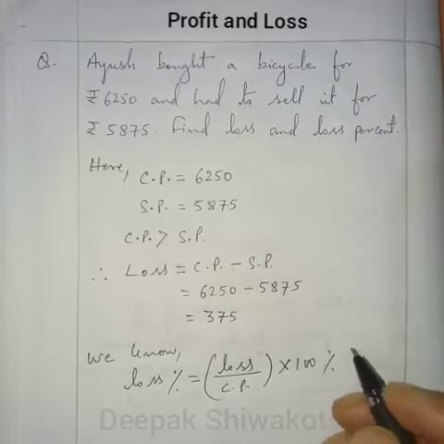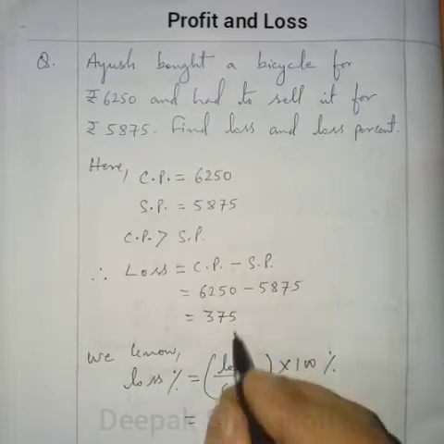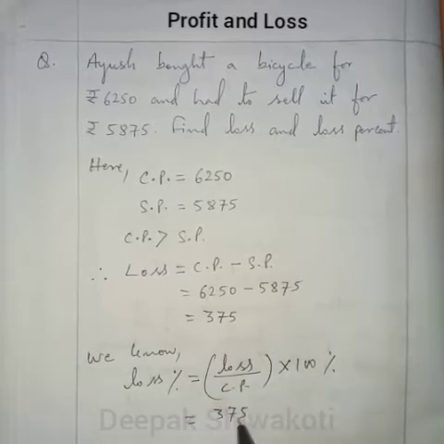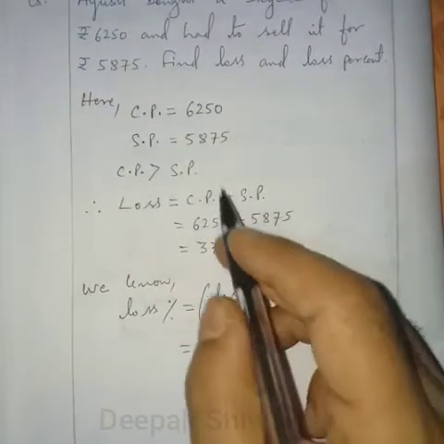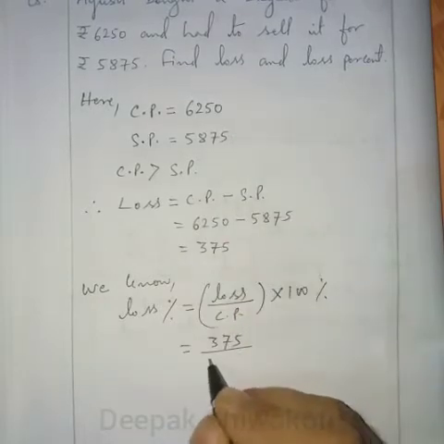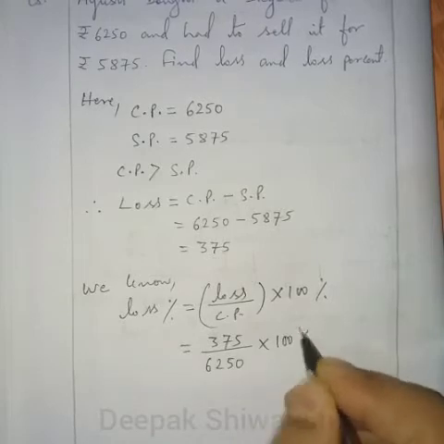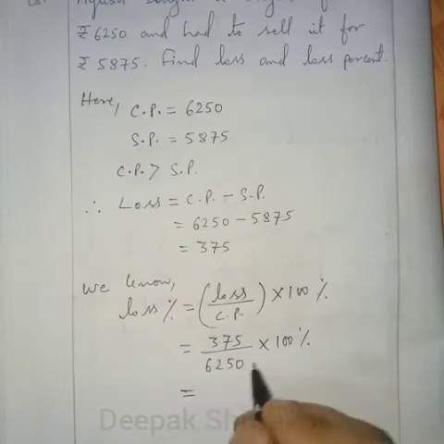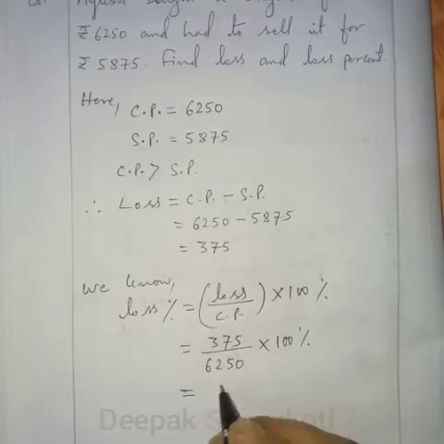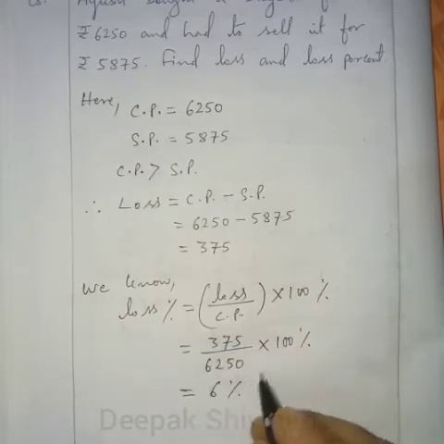So here loss is equals to 375 and our cost price is 6,250, into 100%. So when we calculate this all, cancelling and dividing, we'll get 6%. This part of the work you'll do in rough work to find this one.